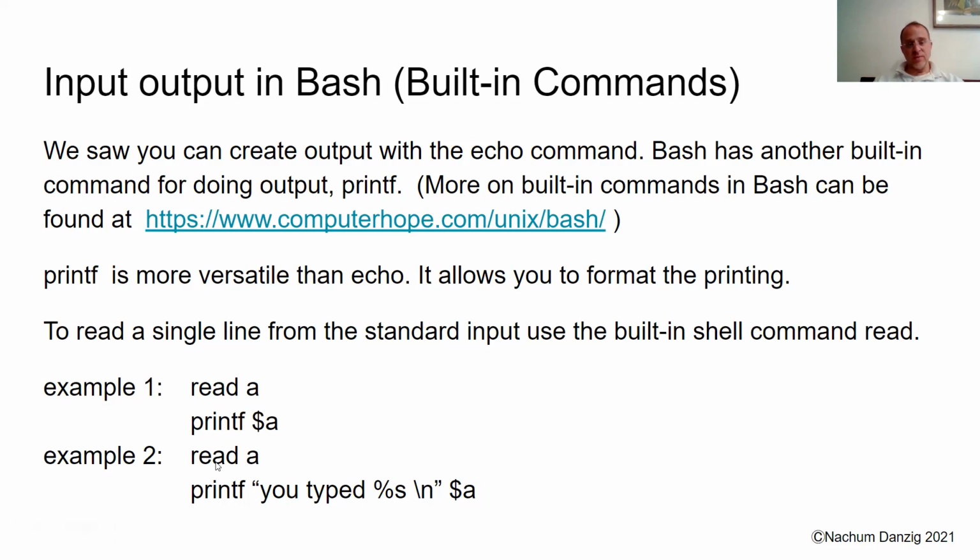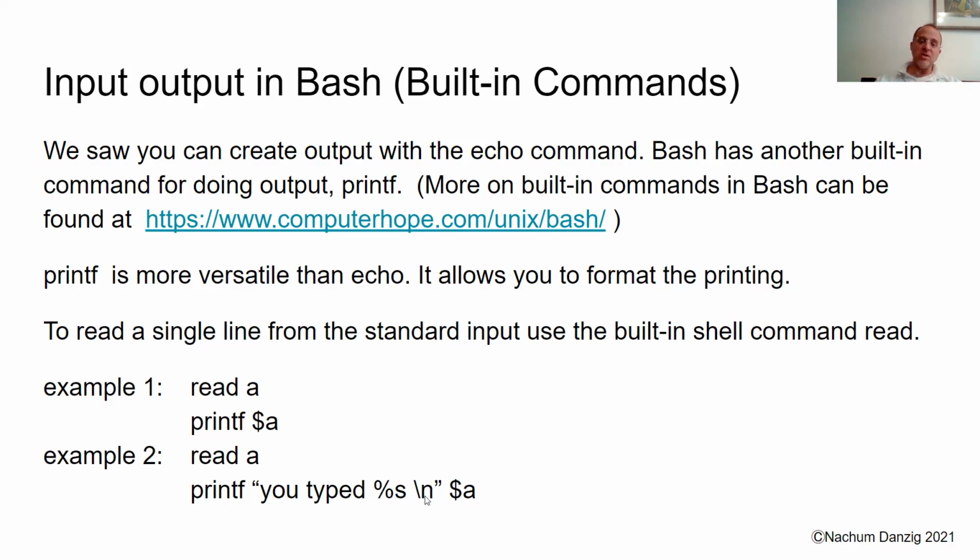Example 2 is read A, and then printf "You typed %s\n". Now %s means I'm going to give you a reference to a variable, and I'm going to tell you to print it as a string, because I could print it as a decimal number or as a string or as a character, but I'm going to tell you to print it as a string.